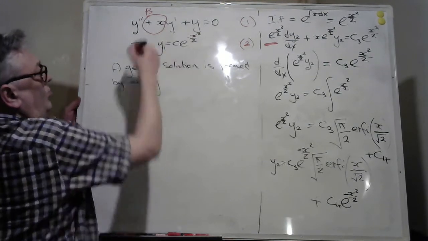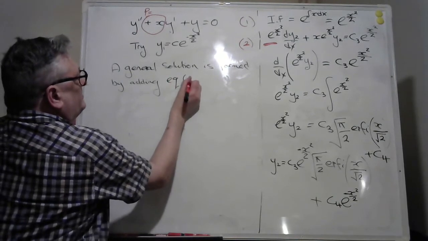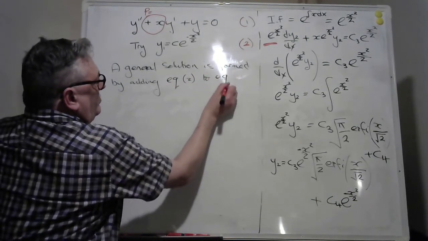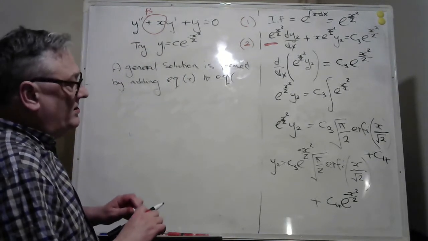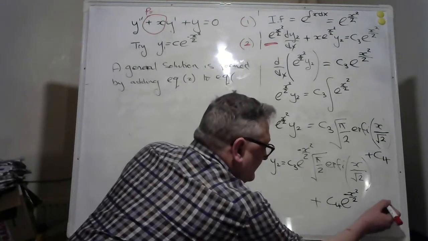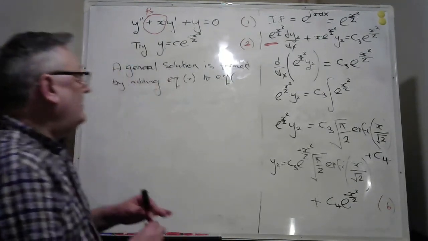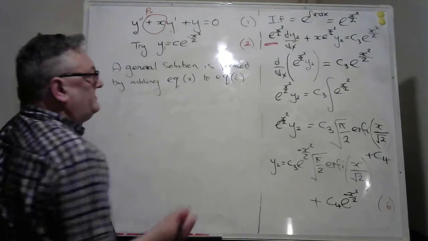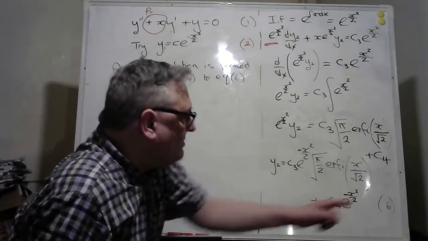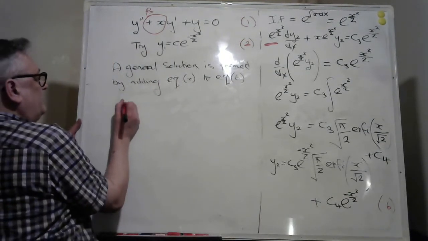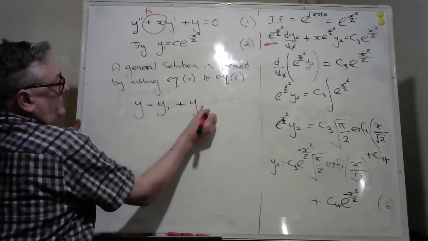We chose that as y1, by adding equation 2 to this equation, which we'll call equation 6 for the sake of argument. There are probably about 4 or 5 equations down here, so I'm calling that equation 6. And of course, this means that y equals y1 plus y2, right?